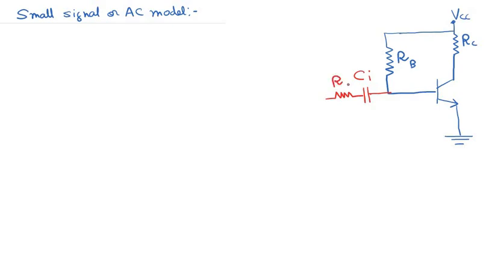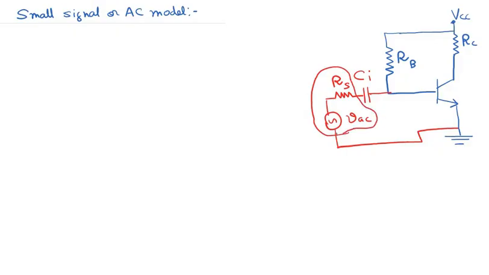So this is basically the source resistance Rs, and this Rs is not a resistor which we have connected externally, but it is the source resistance of this voltage source VAC. Together this VAC voltage source and this source resistance Rs constitute a non-ideal voltage source.